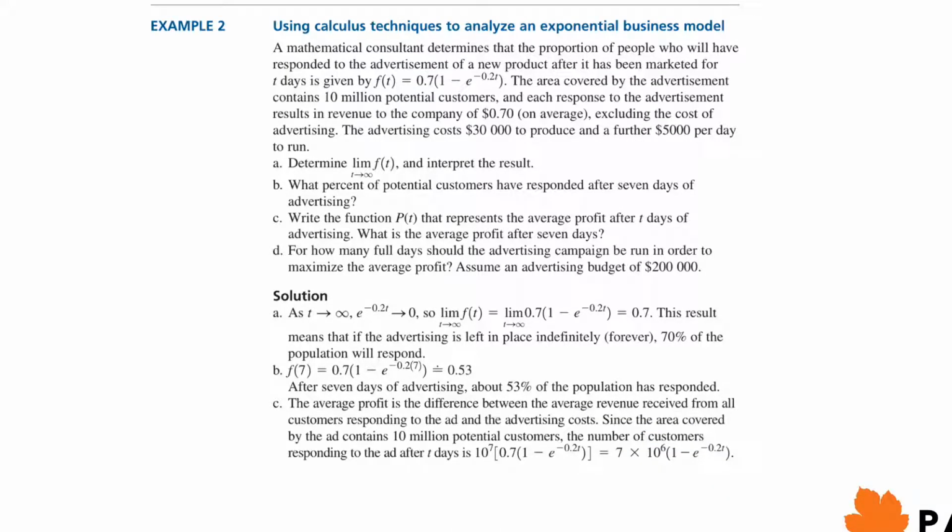Part D, for how many full days should the advertising campaign be run in order to maximize the average profit? We are looking for the maximum of the profit function. Assume that an advertising budget of $200,000 is in place.